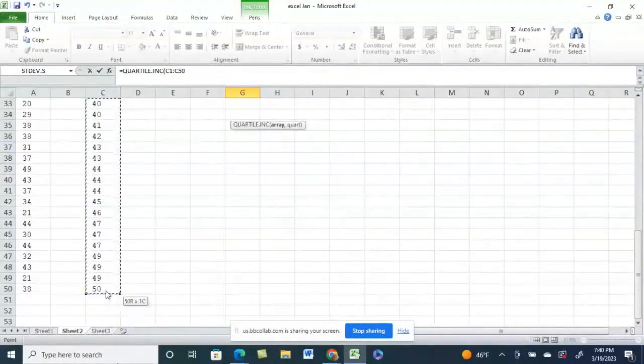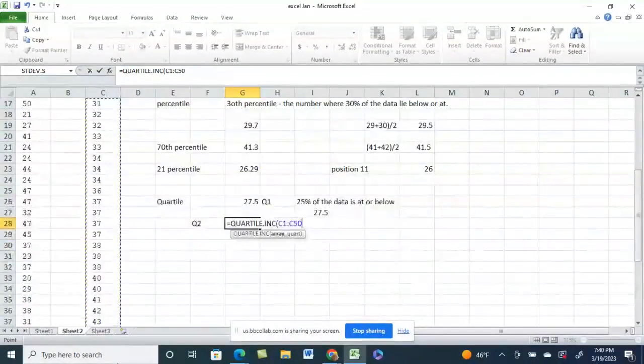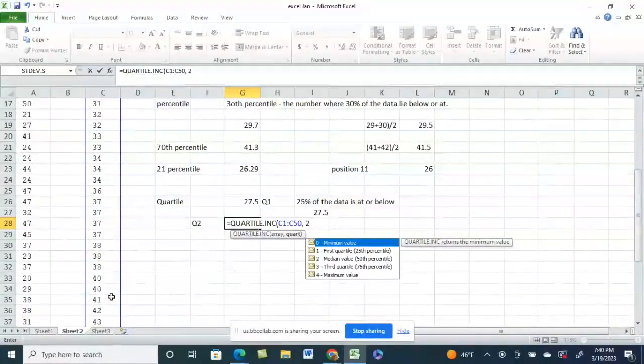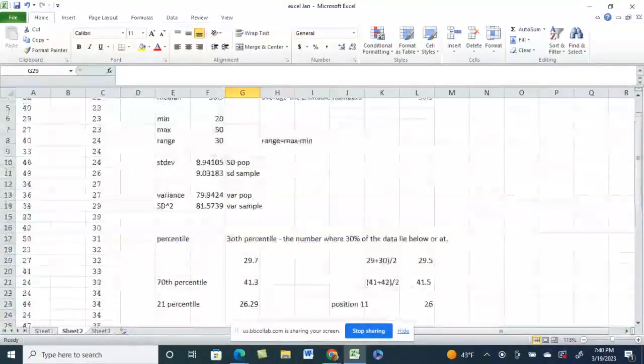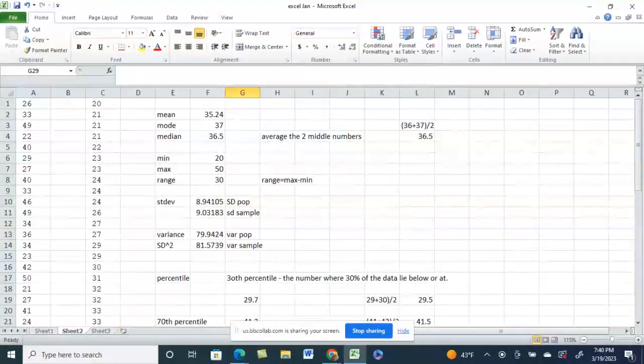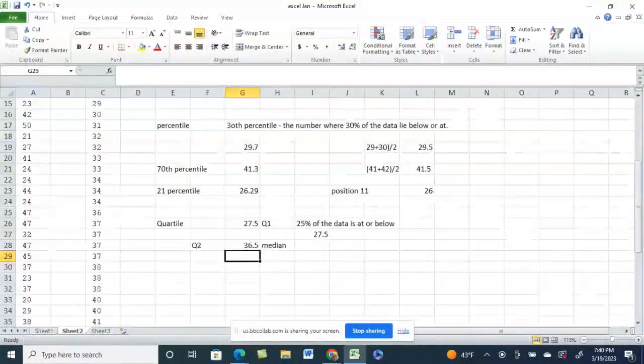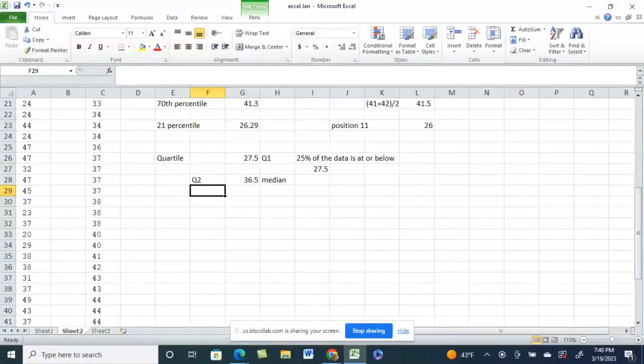This time we do 2 for 50%. 50% of the data is at or below. Again, see the median in the directions, it'll say median value 50th percentile. For us, we just put 2, 36.5. But look, way up here, we got 36.5 for our median. So that's always true.